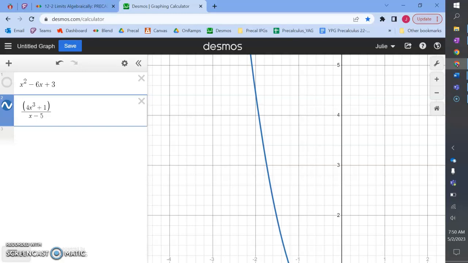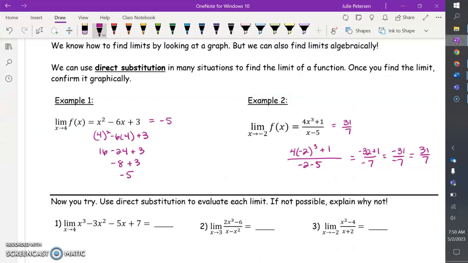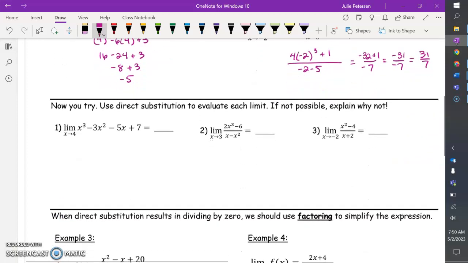So 31 over 7 is that decimal, and we can see that that is the limit. So direct substitution works great when we're not evaluating at a discontinuity. So I would recommend you pause here and try the next 3, and then come on back and see if you got the same answers as I did.